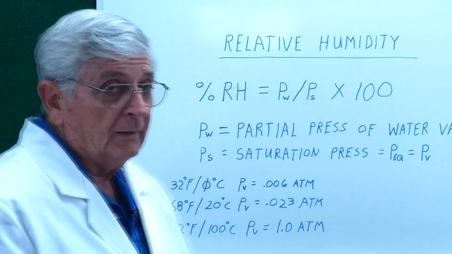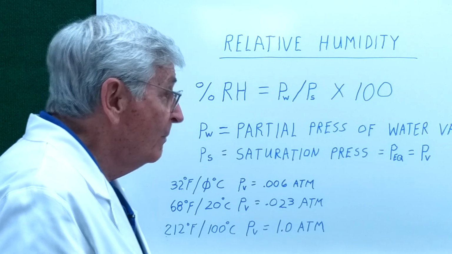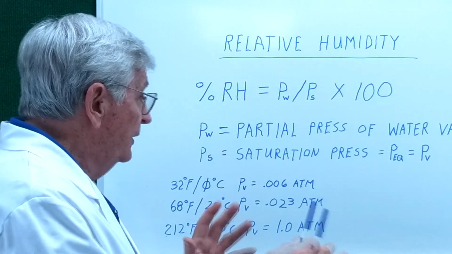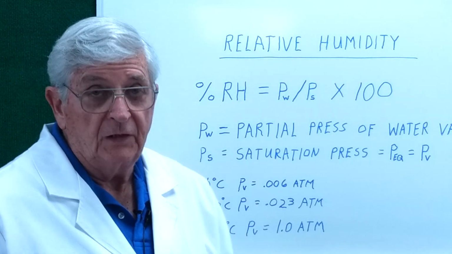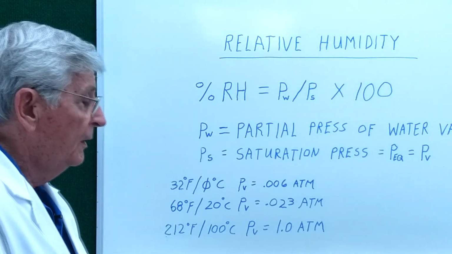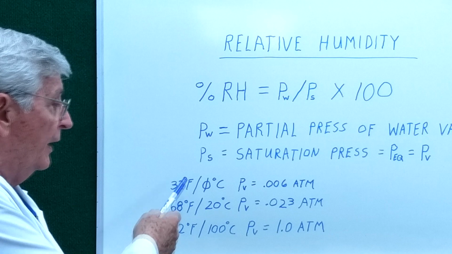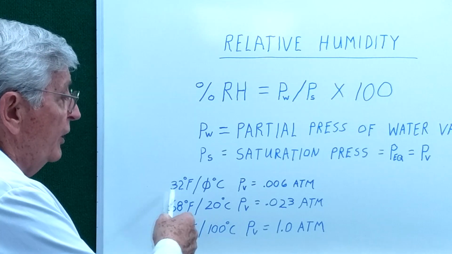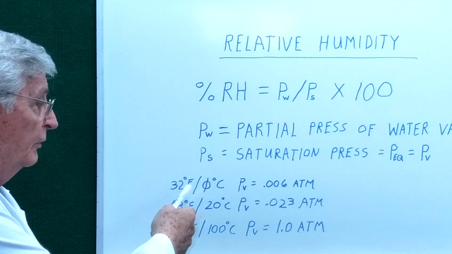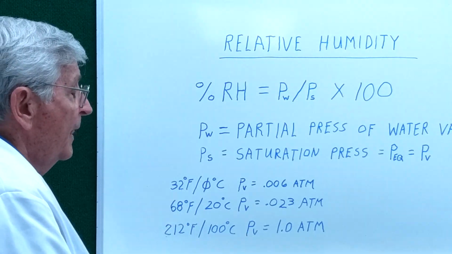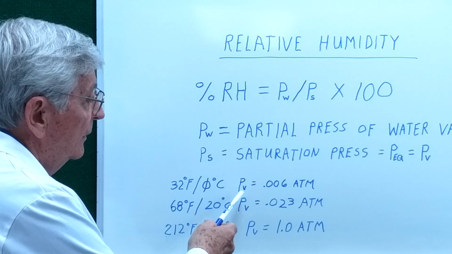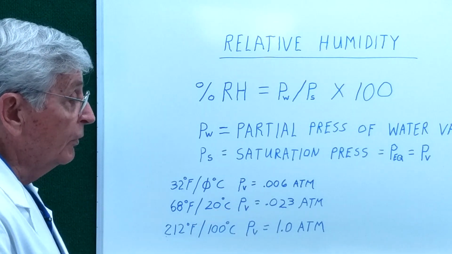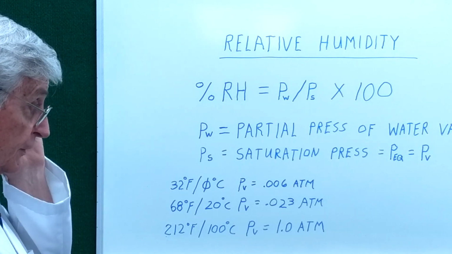If you go to Wikipedia and look up water vapor pressure, you'll find a table there that gives you the vapor pressure of water at various temperatures. At the freezing temperature, 0 degrees C, the vapor pressure of water is 0.006 atmospheres.